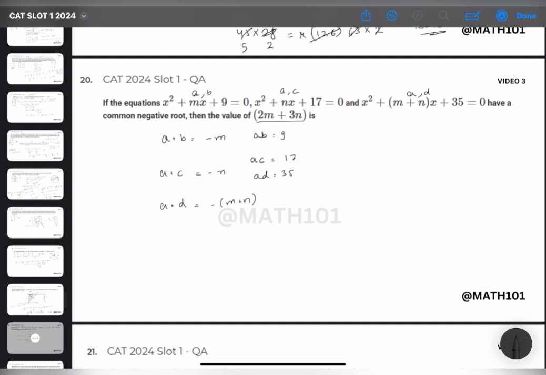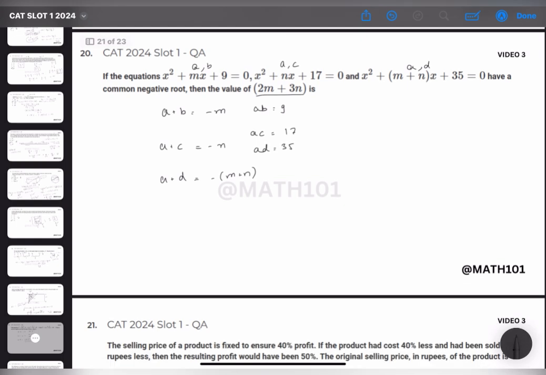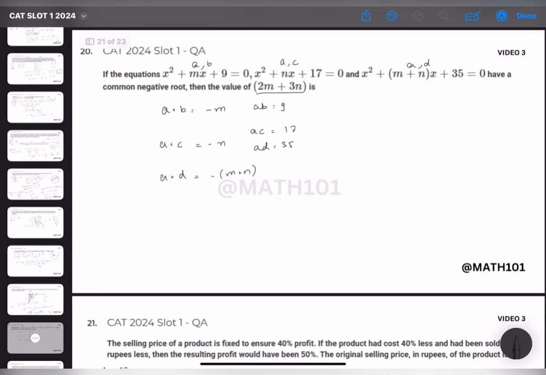I need to find the value of 2m plus 3n. So using all this, we'll try to find the value of a.